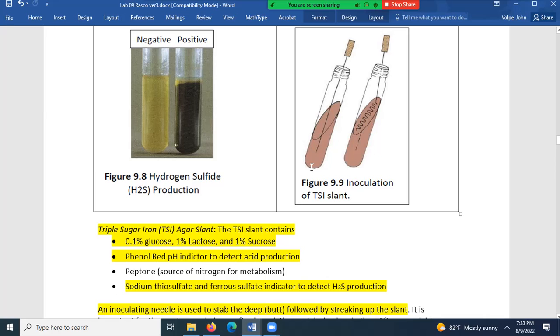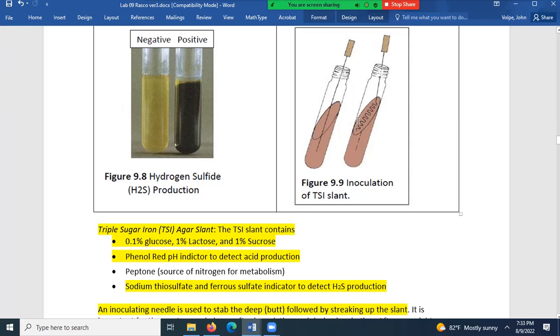You should go down 2/3 because we want to look at the growth of the bacteria anaerobically as well as aerobically. In the top portion, it'll be growing aerobically, definitely on the slant. Once you stab inoculate, you take the needle out, get bacteria on the tip, and then put cells on the slant of the agar.